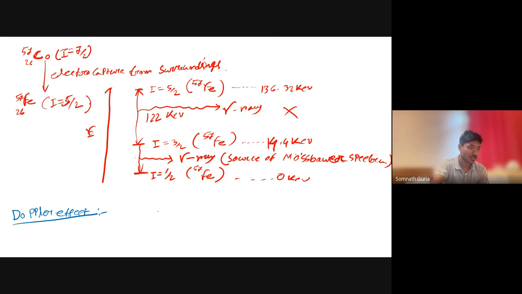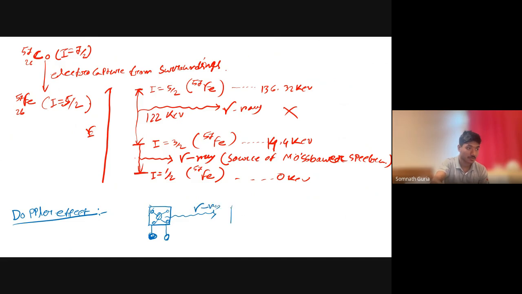Let's suppose we have a source here that can move by providing Doppler velocity. This is the source, and it is providing the gamma ray.